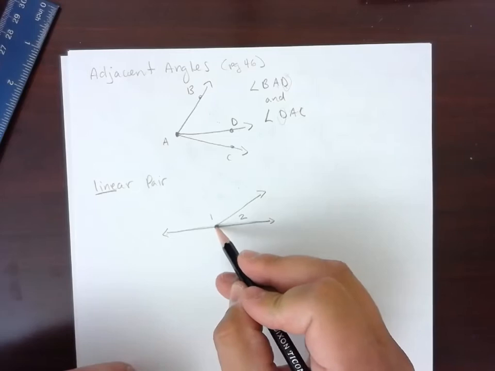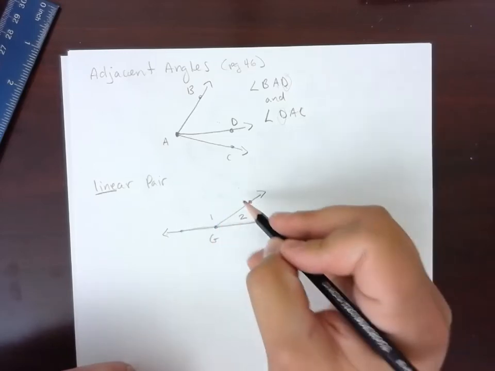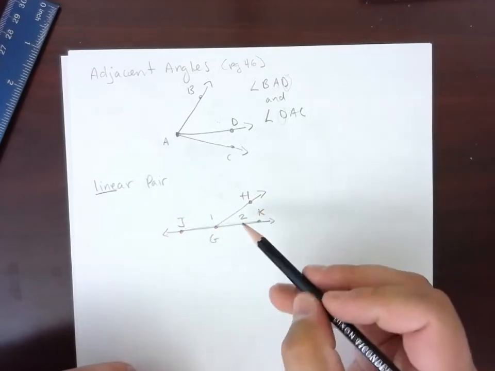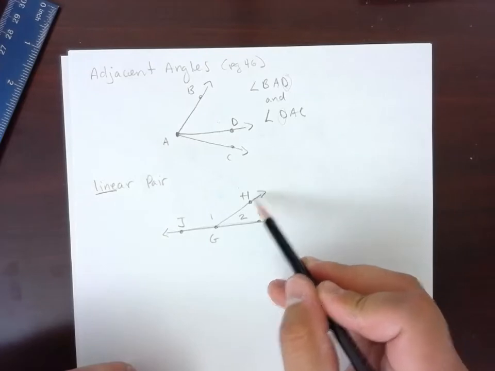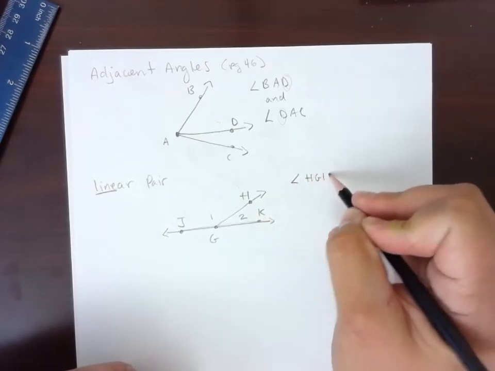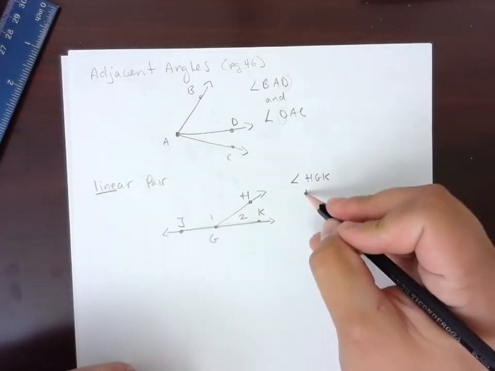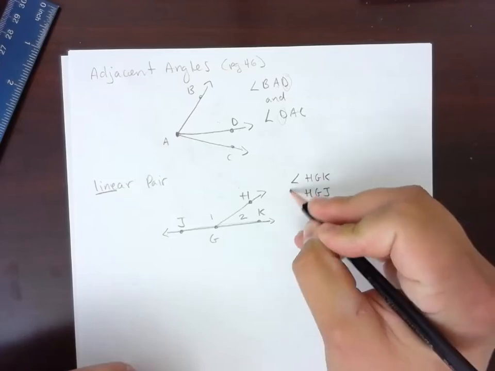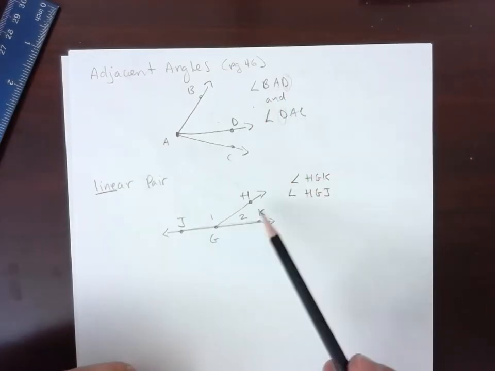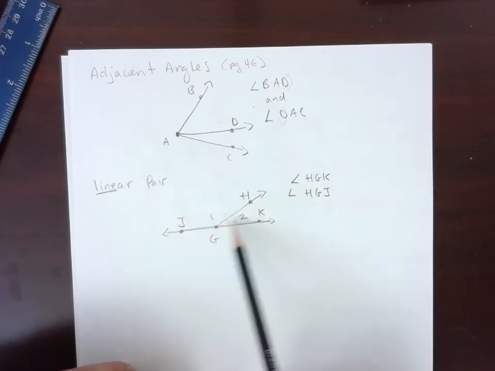There might be points on them: G, H, K, J. But angle HGK and also angle HGJ would be considered a linear pair because they are adjacent, and they also add up to 180 degrees.